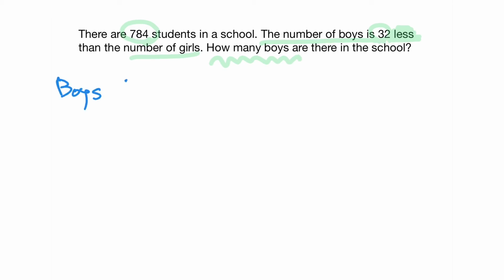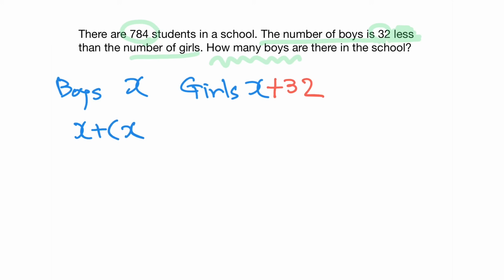So let the number of boys be x. The number of girls is x plus 32, because the number of boys is 32 less than the number of girls.